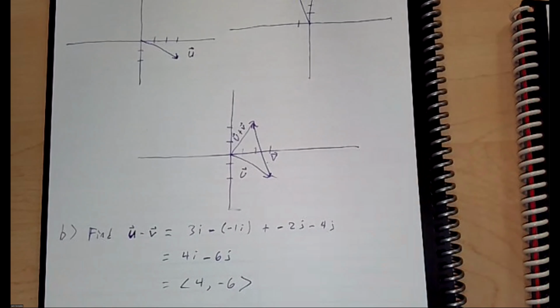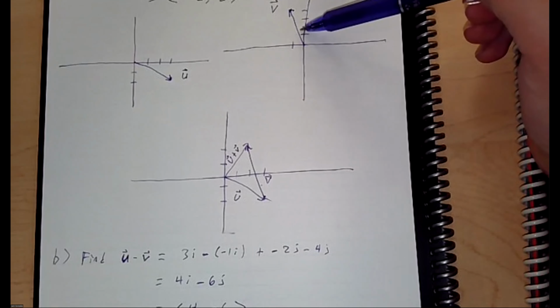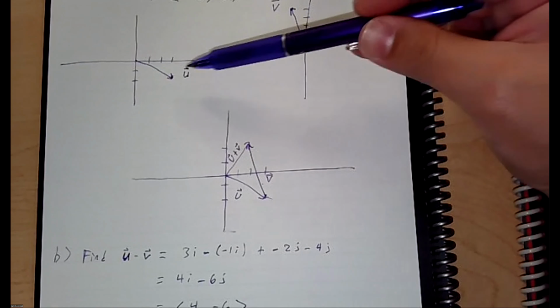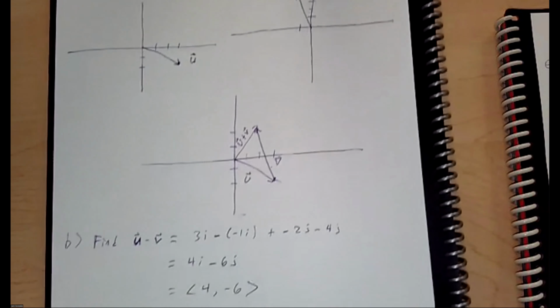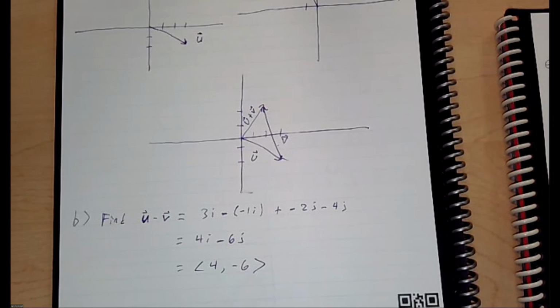Same thing. Now, if you were to connect them, right, you would use the opposite version of v. Connect this to the tip of u and then draw your connection. Or just find the points 4, -6. If they don't give you points, then you'll have to use that geometry idea. That's the only time you have to do it, if they give you a more conceptual question. Any question on number 3?